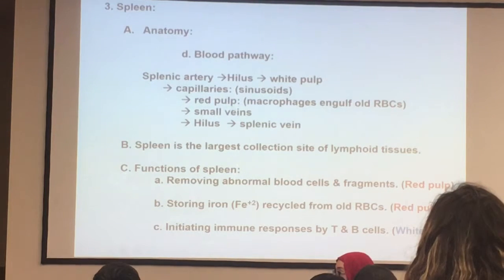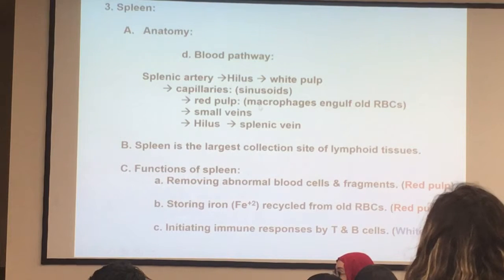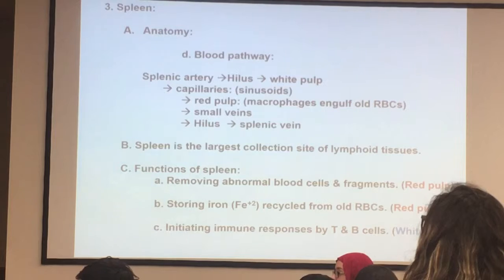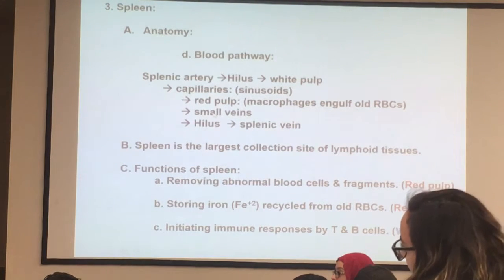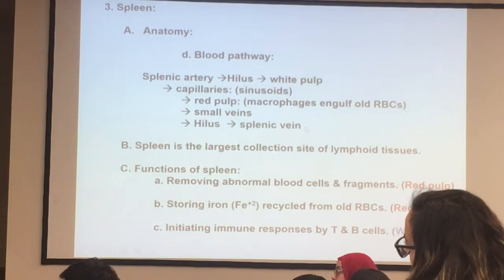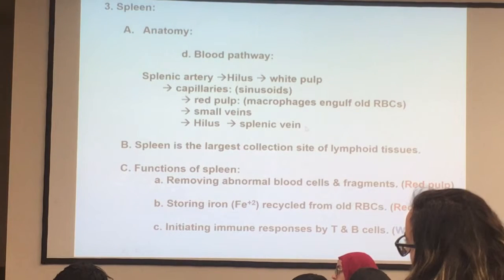And that area is dominated by what? Macrophage. Okay. Macrophage will engulf, swallow the red blood cell, and then send to a small vein, venule, and then send to the hilum, send to splenic vein, and then where do you go? Hepatic portal vein, hepatic portal vein, okay, not directly to the heart.